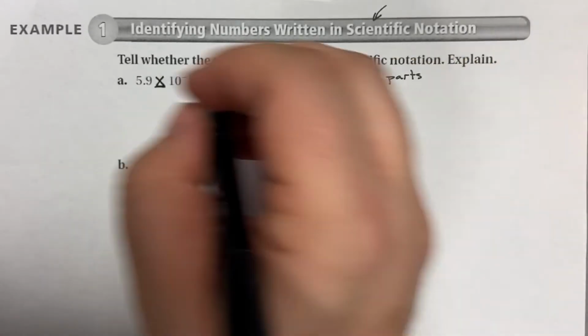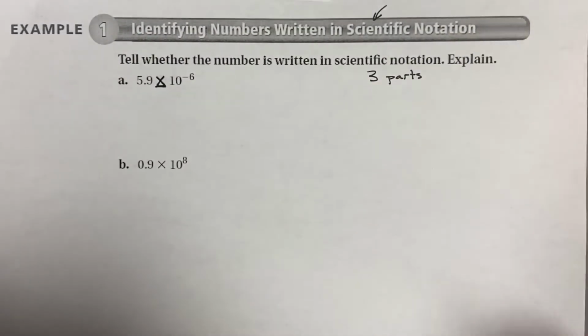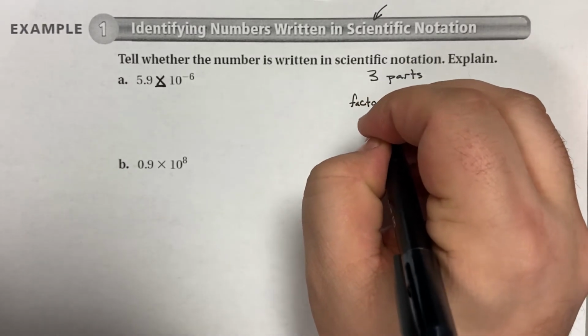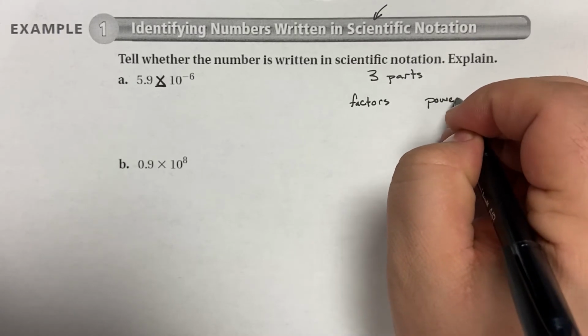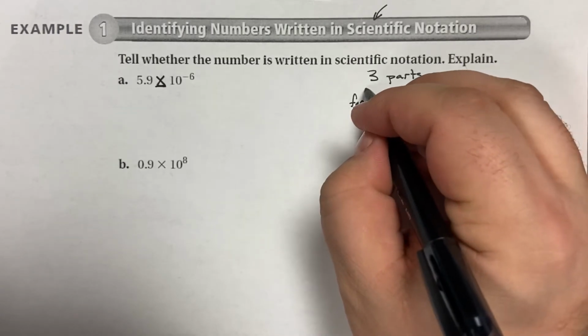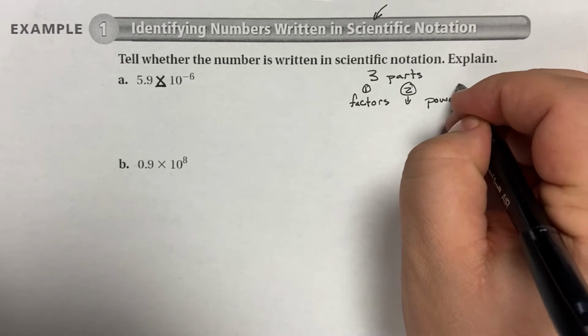It's something that divides our factors from our power of 10. And then there's always going to be something in here. So part one, part two, something is here, and part three.